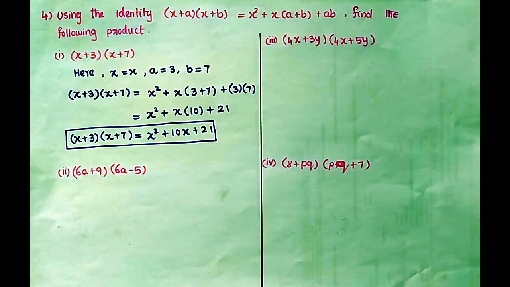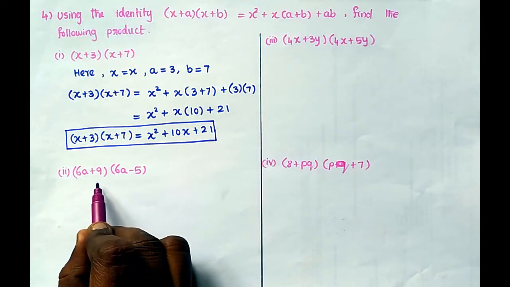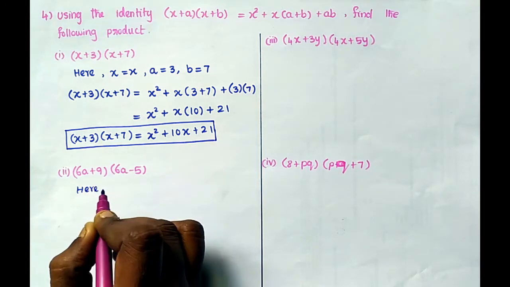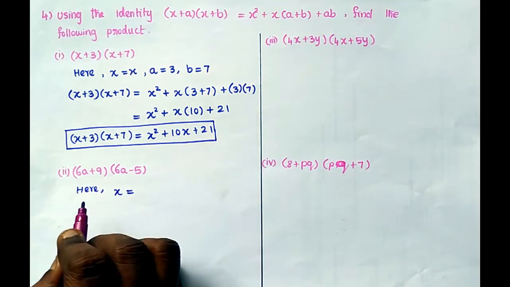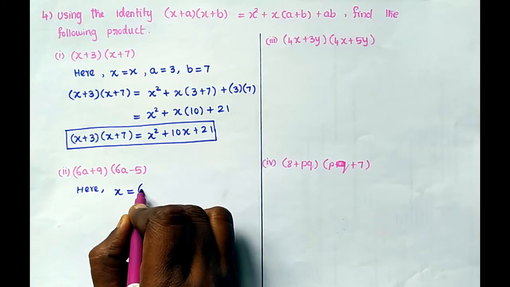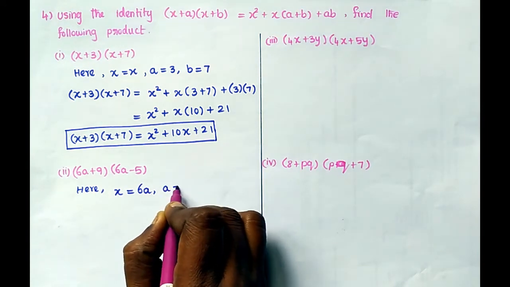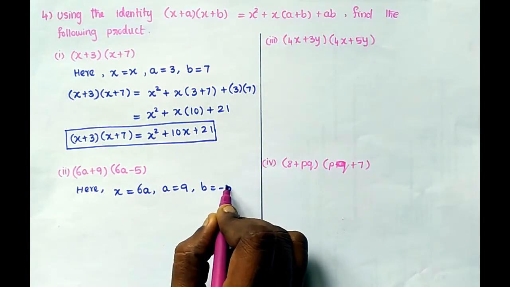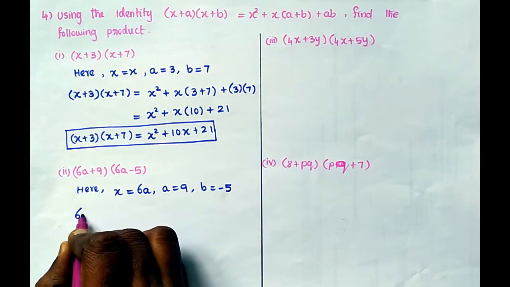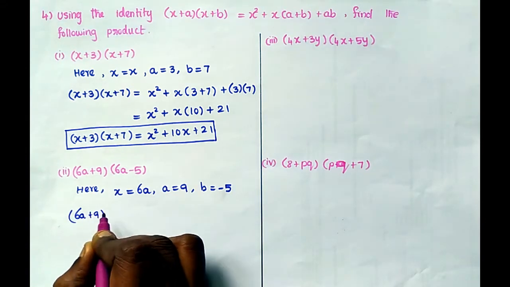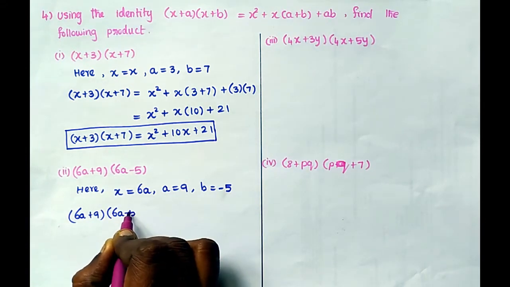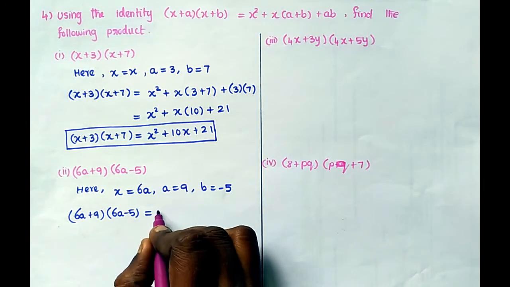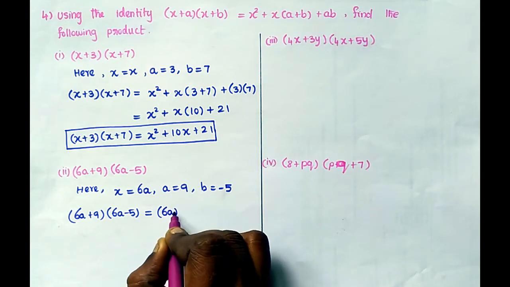Next one, 6a plus 9 into 6a minus 5. Same formula, but x equal to here 6a and a equal to 9, b equal to minus 5. Now applying the formula, 6a plus 9 into 6a minus 5 is equal to x squared, that is 6a squared.